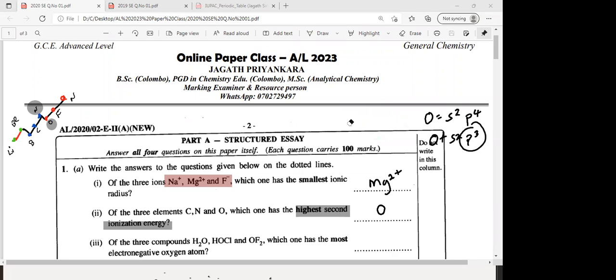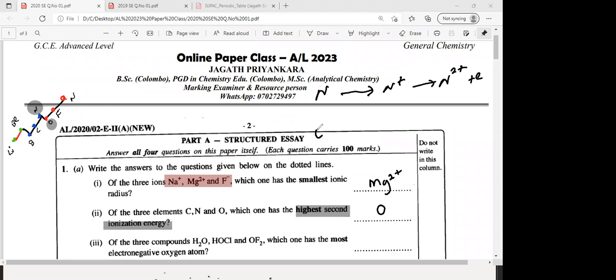So did you all understand why oxygen's second ionization energy is greater than nitrogen's? Nitrogen is 2s2 2p3. N becomes N plus, so the second ionization is removal of an electron from N plus to become N2 plus. Oxygen also: O plus to O2 plus.